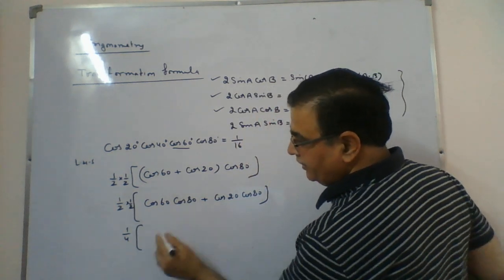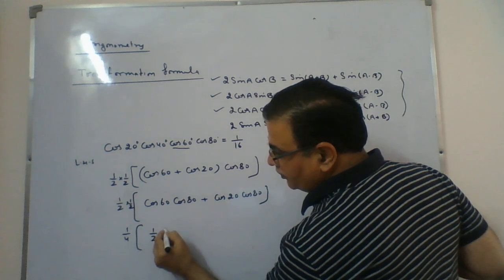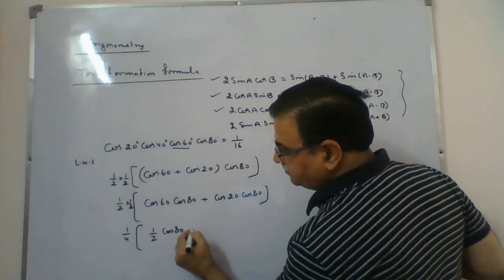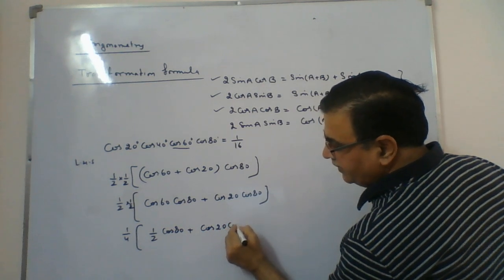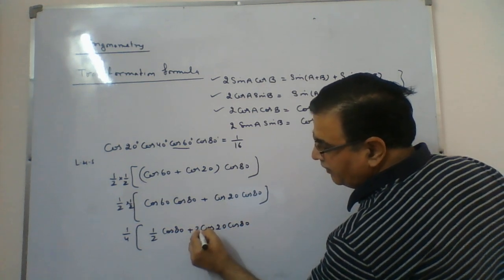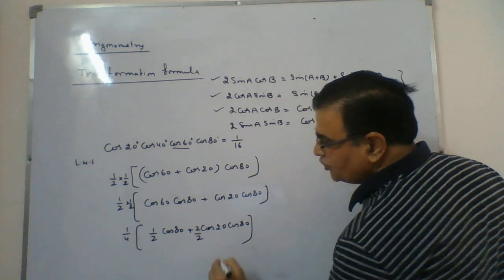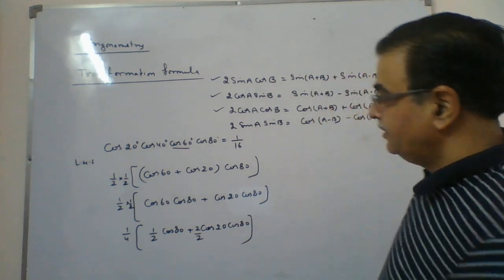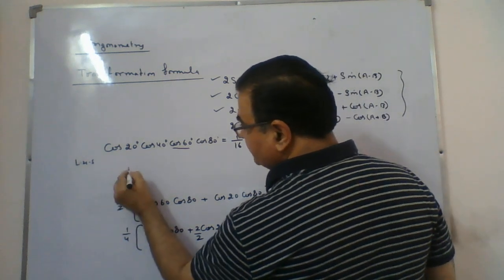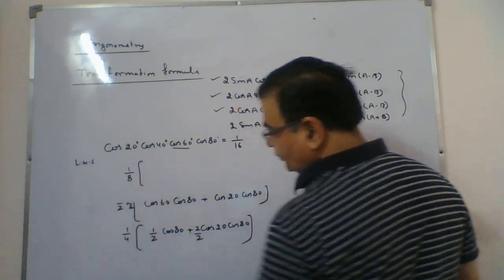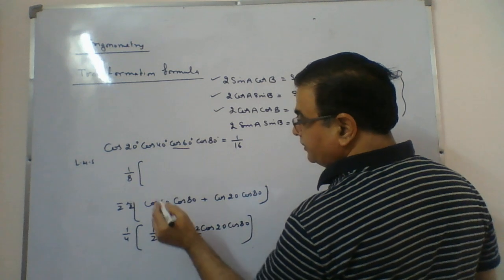Cos 60 is half, cos 80 plus cos 20 cos 80. Again multiplied by 2 divided by 2. Then when you do it, it will come out to be 1 by 2, again common, so 1 by 8 gone out. Left is what?